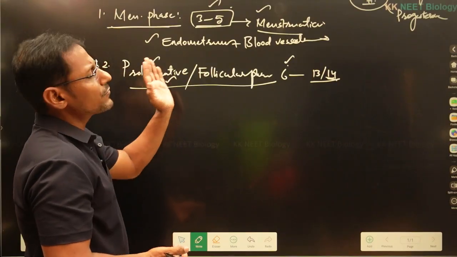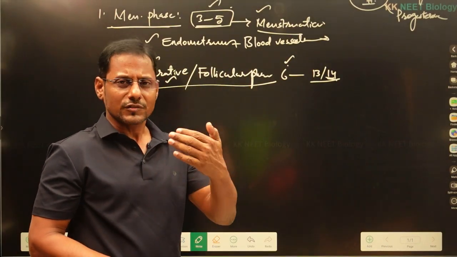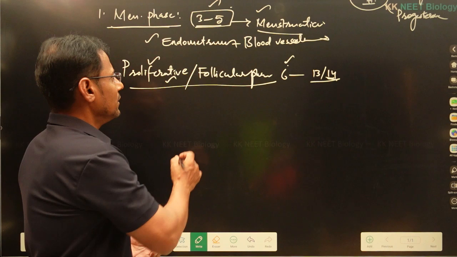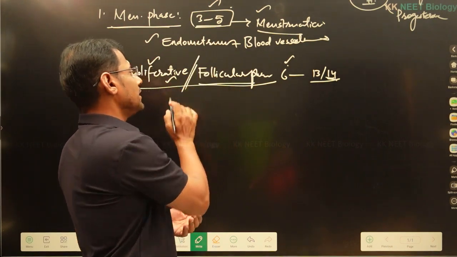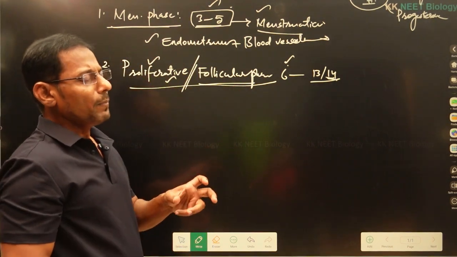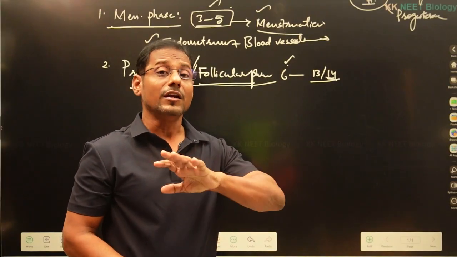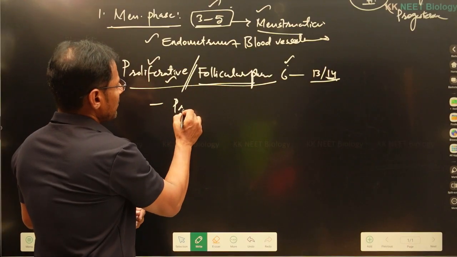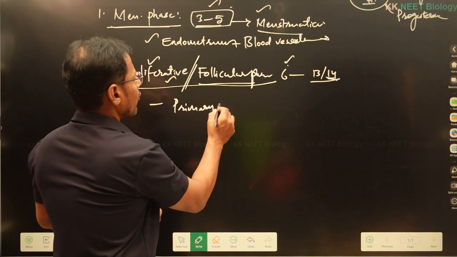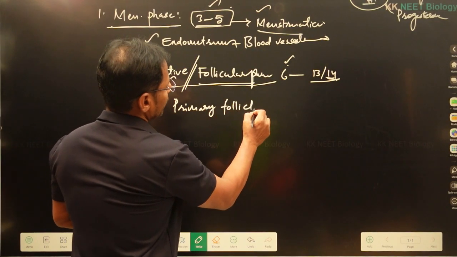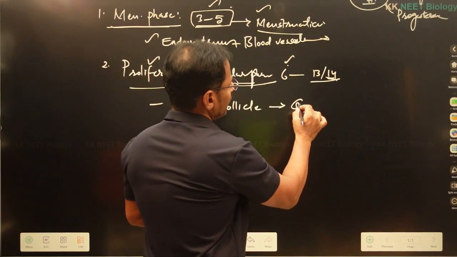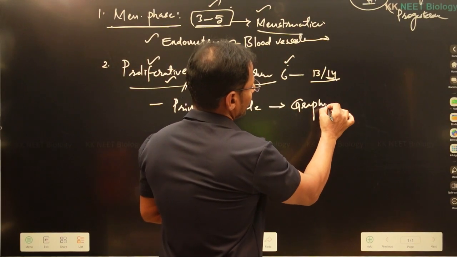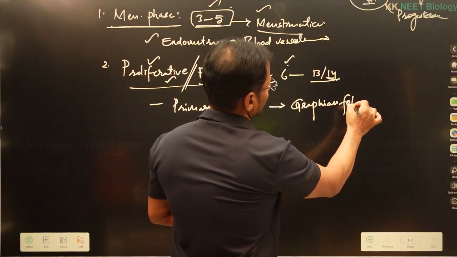So which size is increased here? Otherwise we are saying it as the follicular phase. Here the follicle means the Graafian follicle. In this phase, the primary follicle turns into the Graafian follicle.